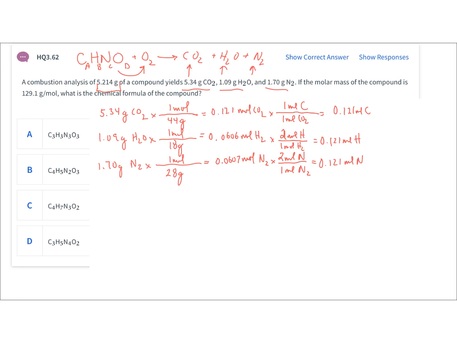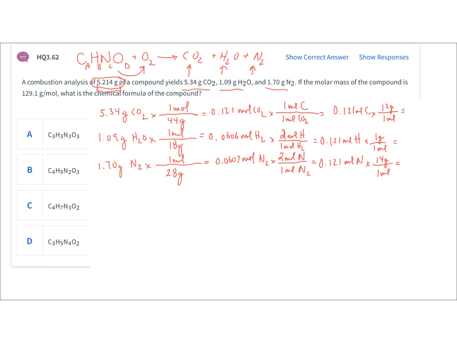So now we can do the mole ratio of carbon, hydrogen, and nitrogen, but we're missing one more component. We're missing the oxygen. So I need to find the mass of all of these so that I can go back using the mass of the original sample and find what's the mass of oxygen that was in the original sample. So I know that carbon is 12 grams in 1 mole, hydrogen is 1 gram in 1 mole, and nitrogen is 14 grams in 1 mole.